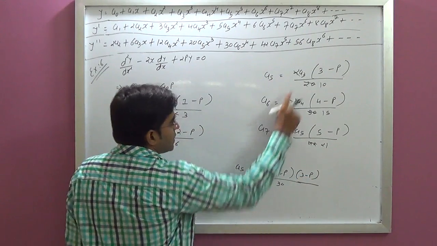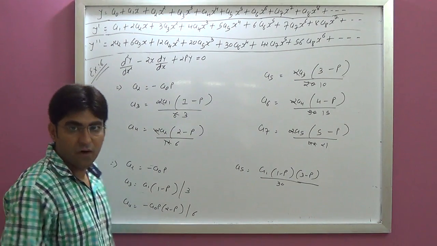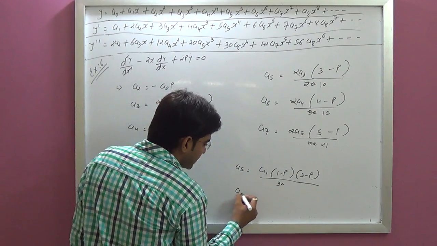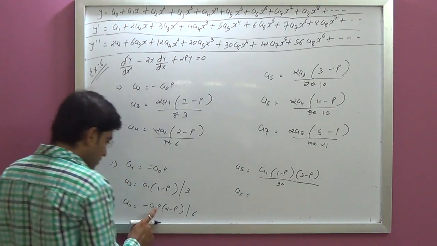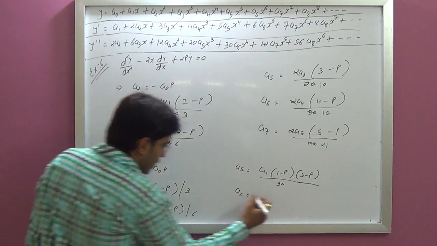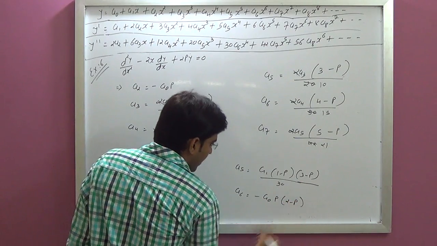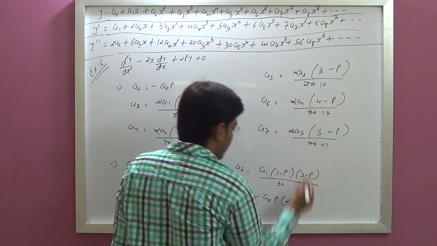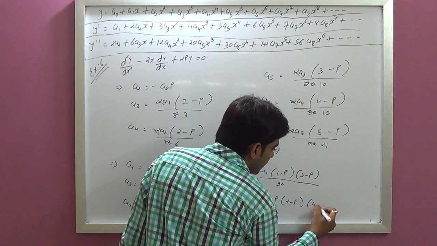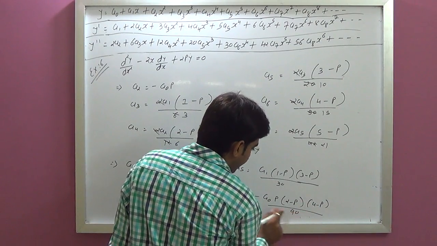Okay, a5, see here we substitute the value of a3. Now a6 same way. The value of a4 is minus a0p 2 minus p by 6. Okay, and again 4 minus p by 6 into 15 is 90.